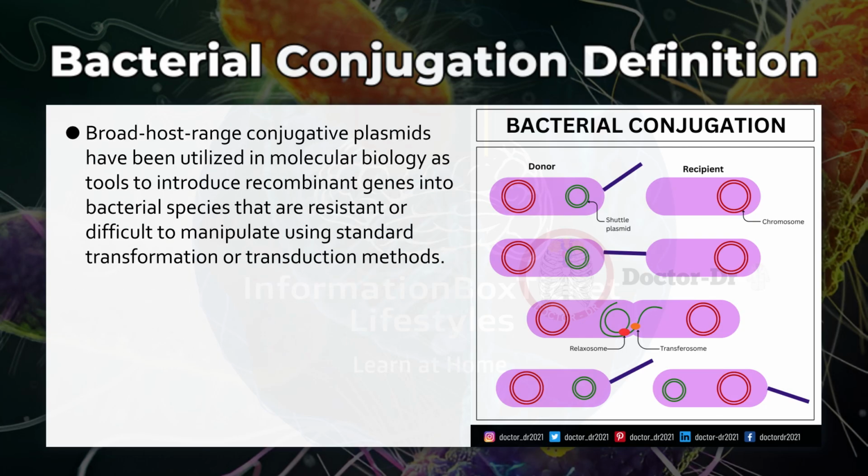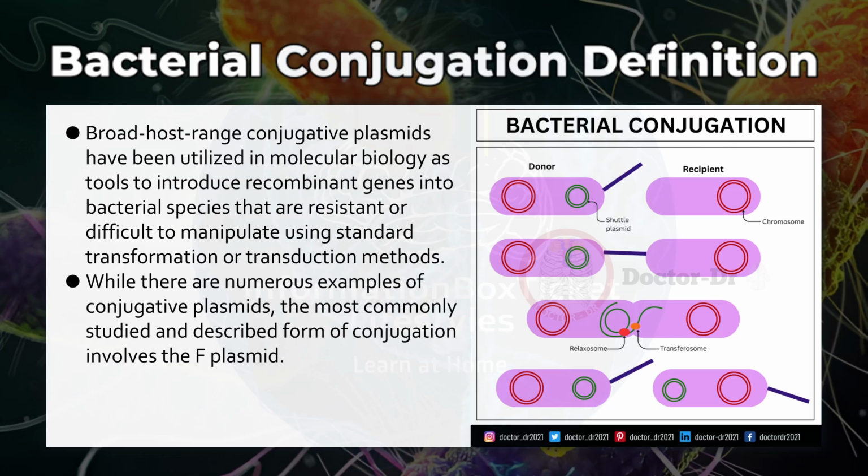Broad host range conjugative plasmids have been utilized in molecular biology as tools to introduce recombinant genes into bacterial species that are resistant or difficult to manipulate using standard transformation or transduction methods. While there are numerous examples of conjugative plasmids, the most commonly studied and described form of conjugation involves the F-plasmid.